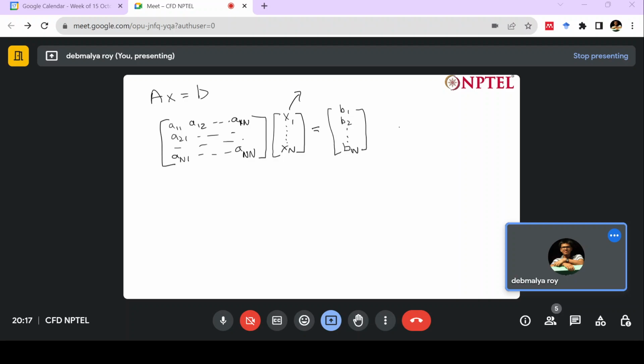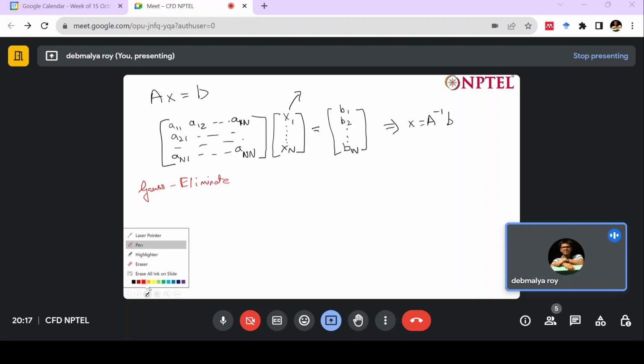So for that we need to solve this system. One simple way is Gauss elimination. Gauss elimination is something that we all do when, let's say, two linear equations are given.